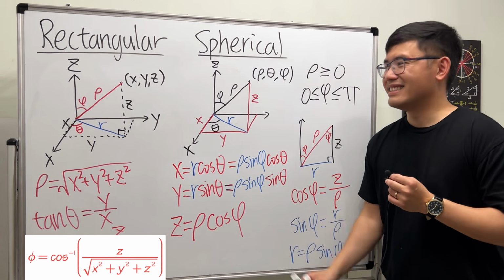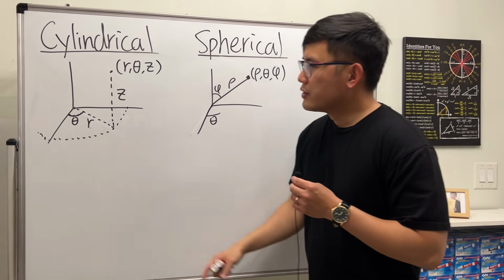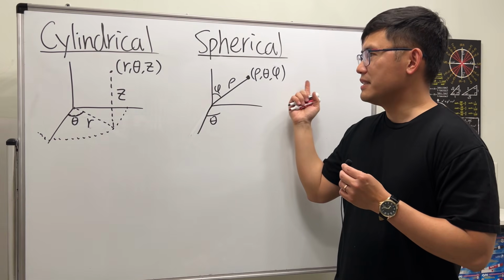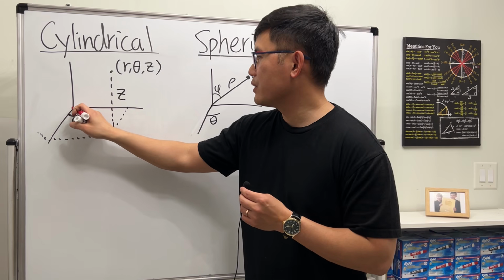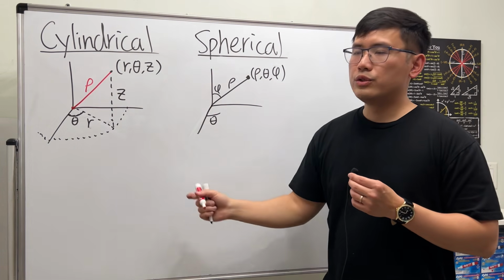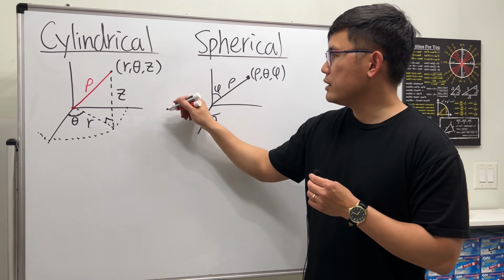Just like that. Now finally, cylindrical versus spherical. So suppose we have r, theta, z given. How can we get this, and that? First, to get rho, that's the distance from here to here. And to get rho, we can just look at this triangle, which is a right triangle, and I'll put it down right here.